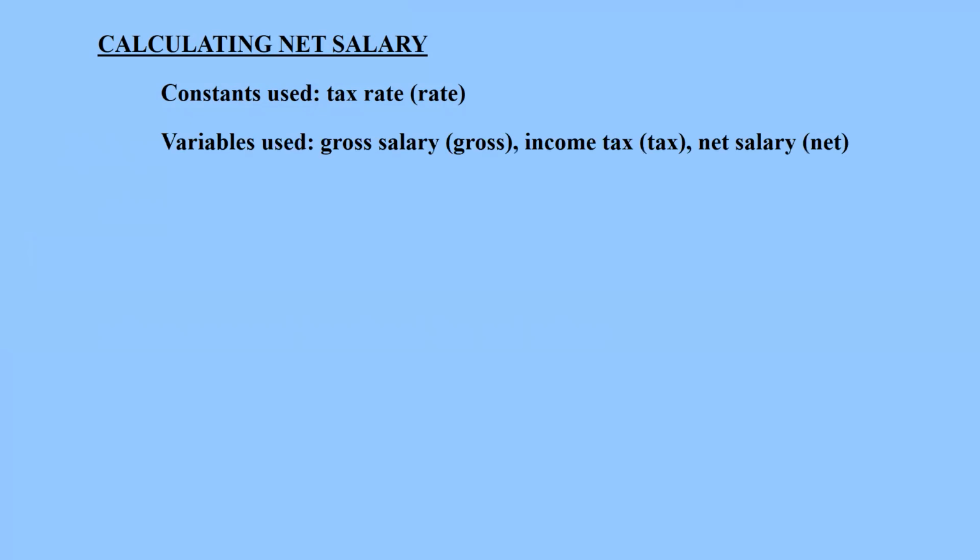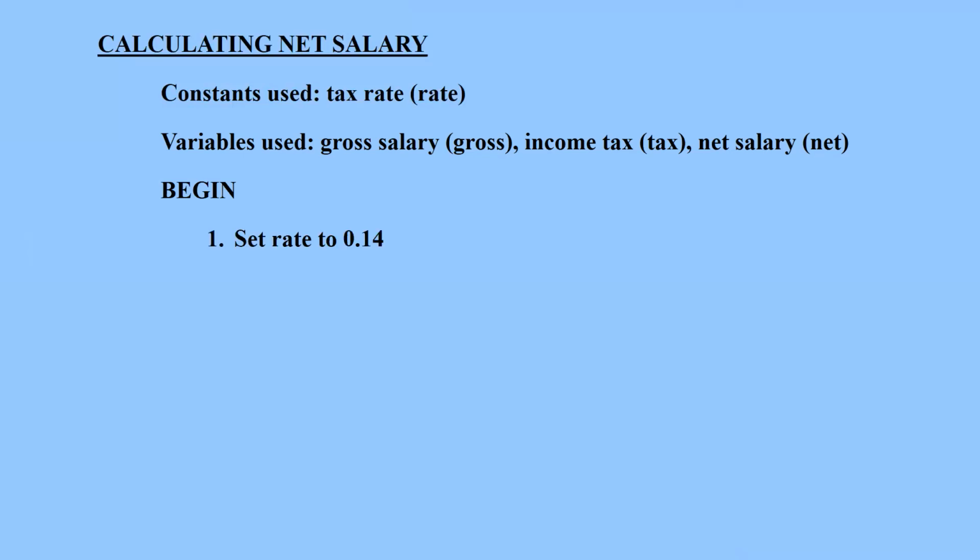Then the variables that my program will require: I'll use the word gross to represent gross salary, tax to represent income tax, and net for net salary. Therefore, I'll require three variables for my program: gross, tax, and net. Once I have done that, then I begin.